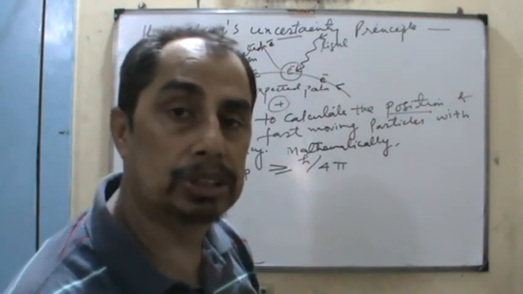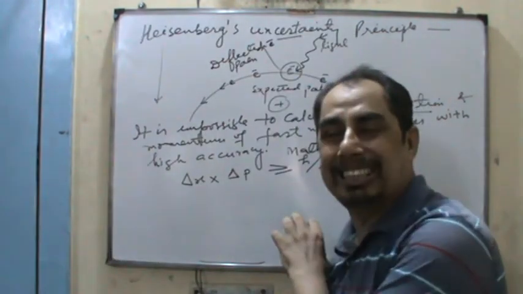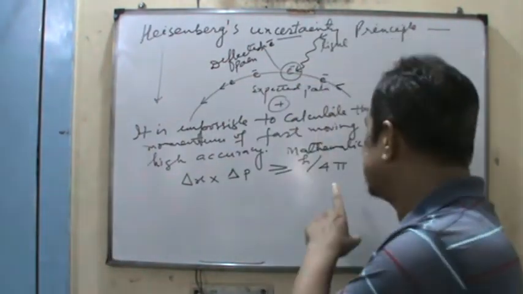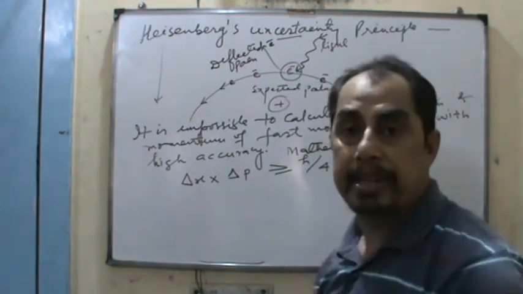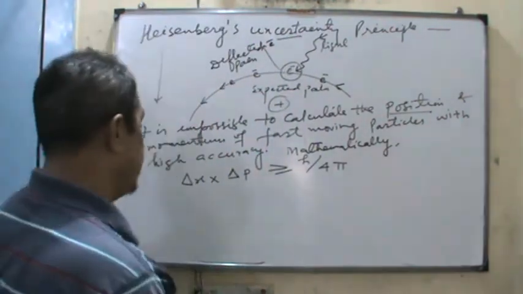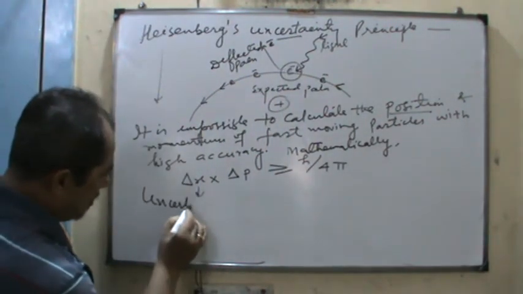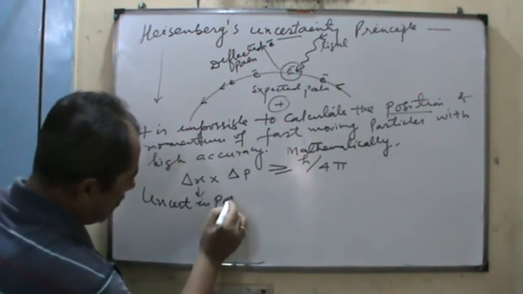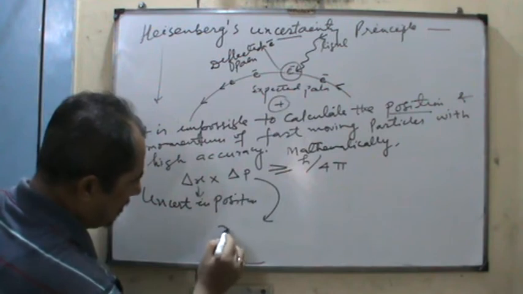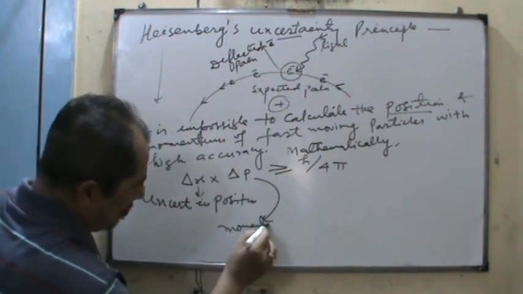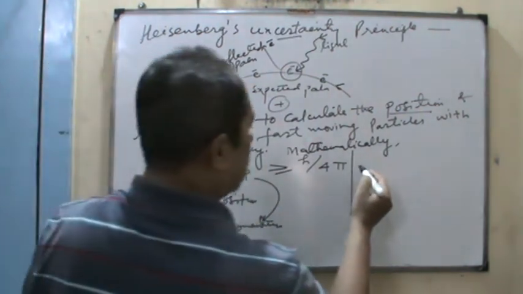H is the Planck's constant, 6.626 into 10 to the power minus 34 joules second, and then delta x. What is delta x? Tell me anybody. Delta x is uncertainty in position. And delta p, what is that? Uncertainty in momentum.